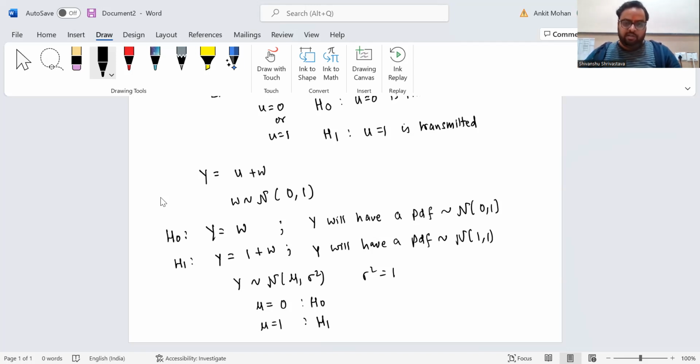This H0 hypothesis we name the null hypothesis, and the H1 hypothesis we name the alternate hypothesis.